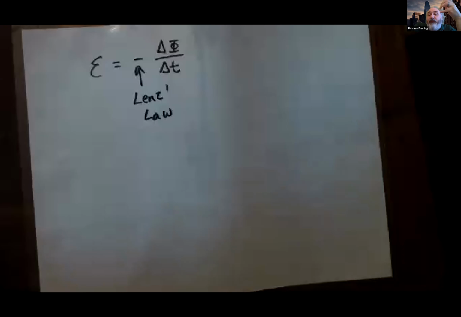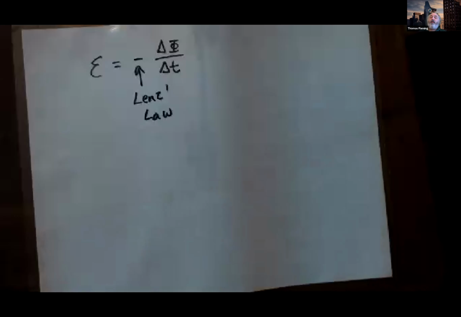And what that minus sign tells you is that this induced EMF, this induced voltage that we're going to generate, always opposes the change in flux. Now, what that means conceptually is that if you've got a certain amount of flux and the flux tries to get bigger, the induced EMF is going to be in a direction that tries to keep the magnetic flux from getting bigger.